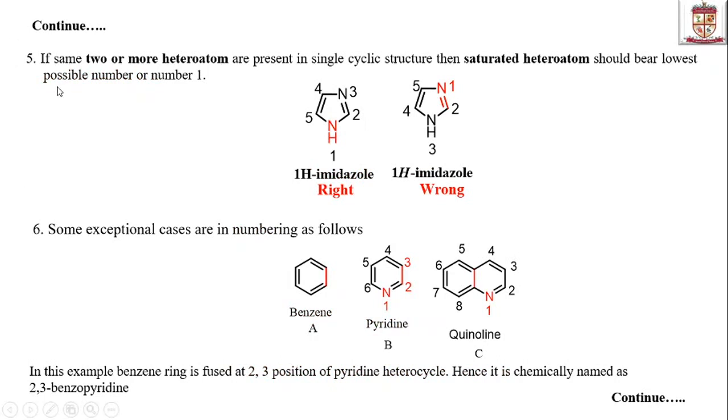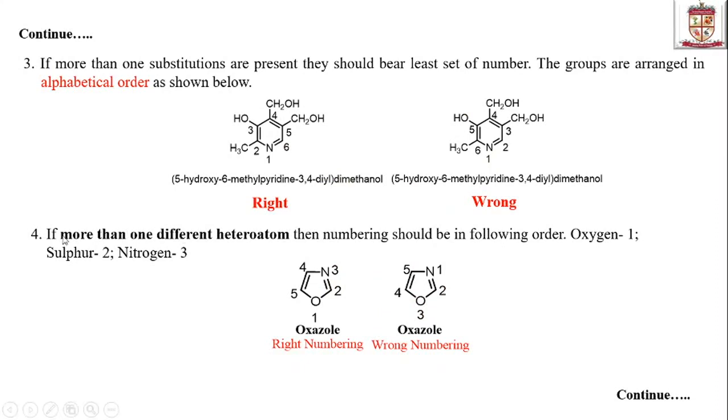The next one is rule number 5. If two or more of the same heteroatom are present in a single cyclic structure, then the saturated heteroatom should bear the lowest possible number, or number 1. In the previous case, two different heteroatoms were present, and in that case you follow that order.